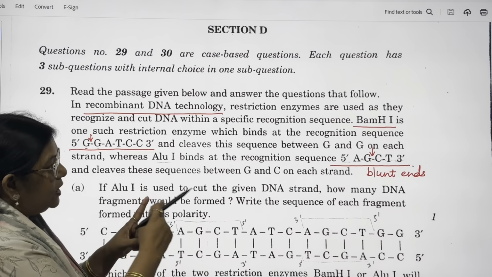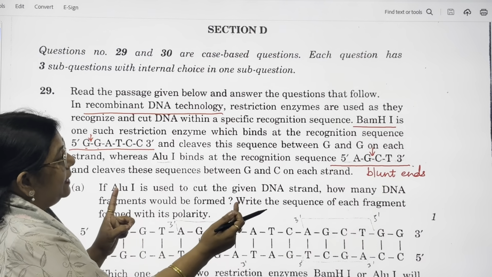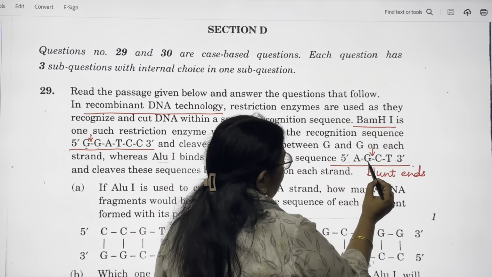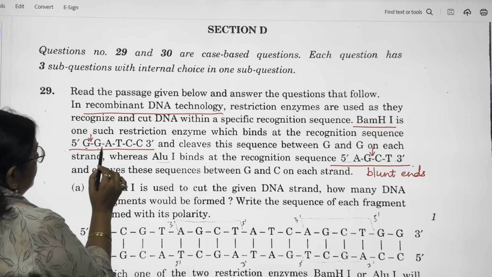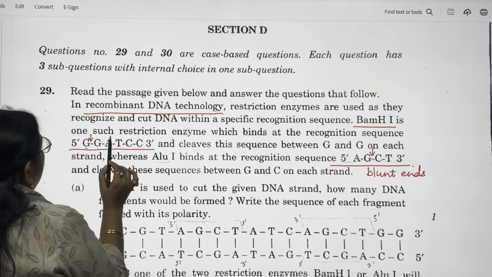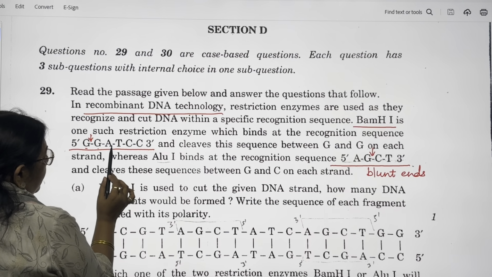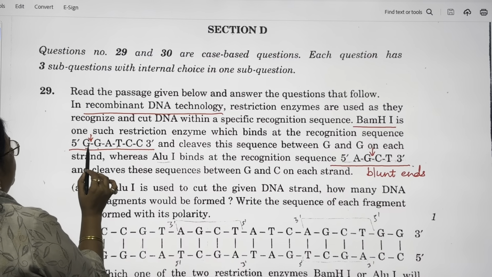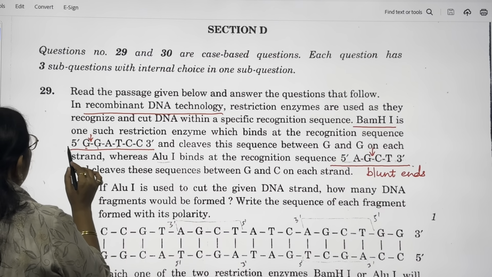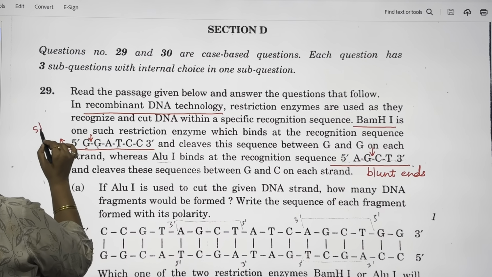It is a sequence of 4 bases and AluI works in the center at GC. So blunt ends are formed. This is away from the center. That means away from the AT sequence, it cleaves the bases between G and G. So now here sticky ends are formed.